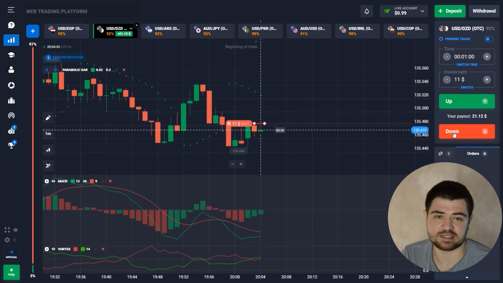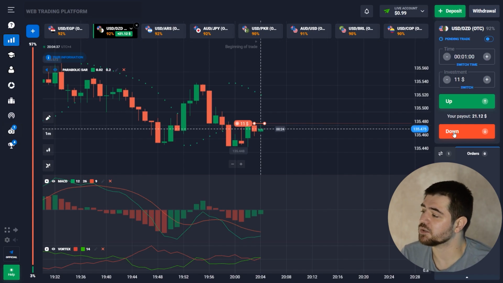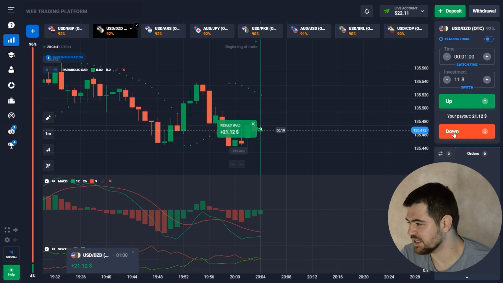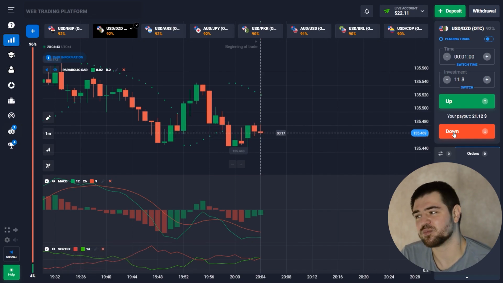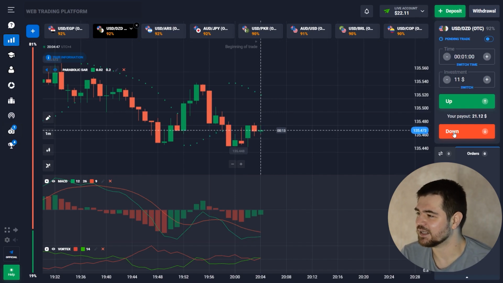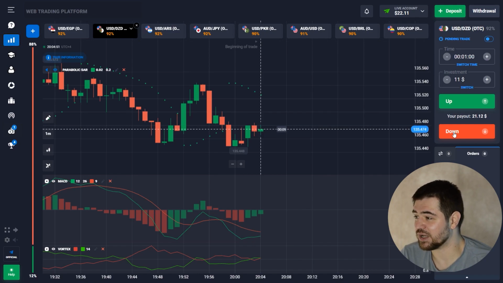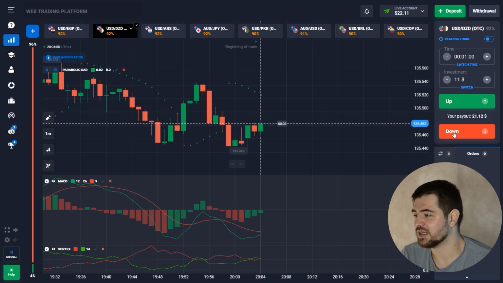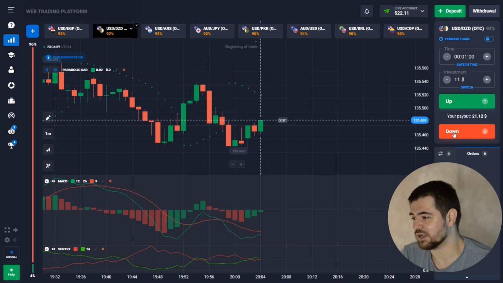So the vortex is the one that's looking up. And here we are, $21.12 of profit already. So we started with just a couple of dollars, as you see. We're making a profit already. It's a small profit, but it's only a few minutes of time that we're going on.